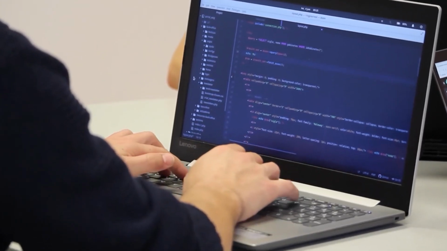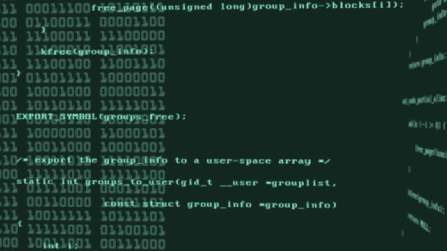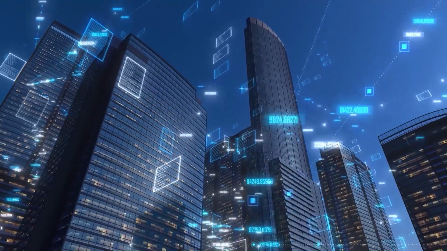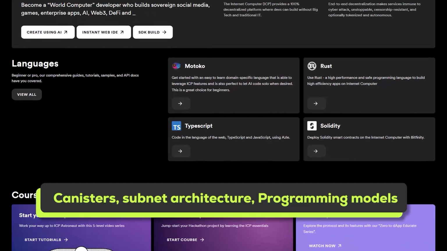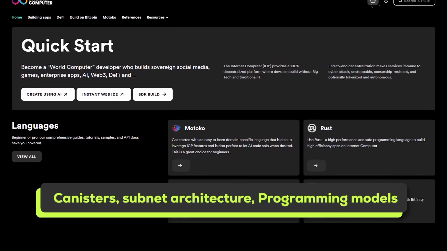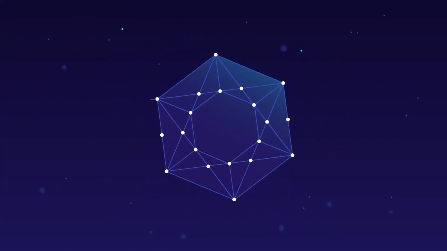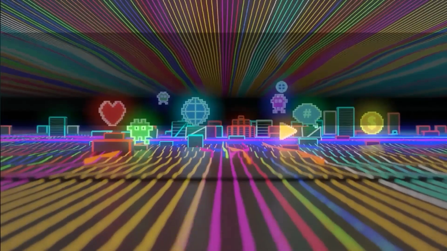Developer adoption on Internet Computer has grown steadily but remains niche. The learning curve is steeper than for traditional smart contract platforms. Developers must understand canisters, subnet architecture, and ICP's programming models, which differ from Solidity-based environments. Tooling improved significantly through 2024 and 2025.